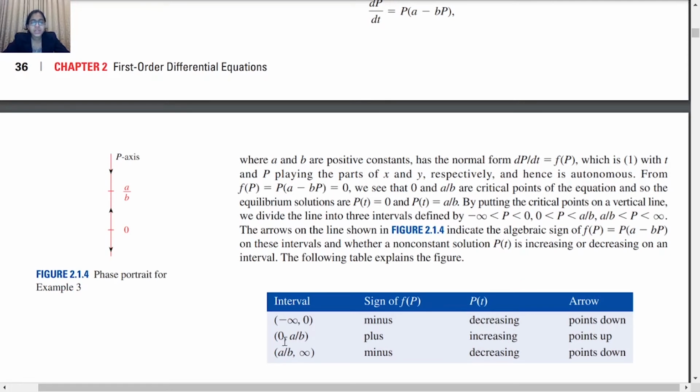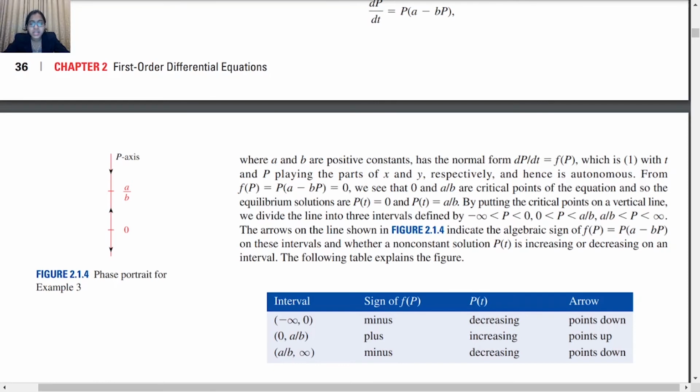Now in the next interval, 0 to a by b, if you take any point in between 0 and a by b and substitute it in this f of p, you'll always get a positive value. So f of p is positive, and correspondingly our function will be increasing. So if it is increasing, we'll put an arrow upward.